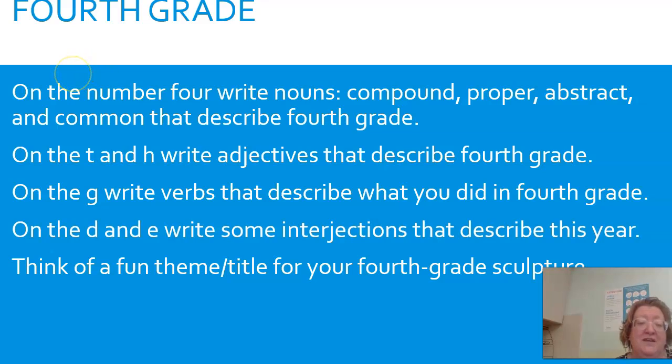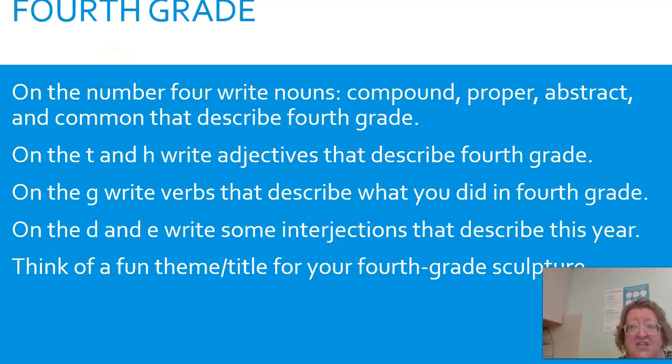But we're going to fill this for the 4, just the 4. My instructions on the board are correct. What I spoke was wrong. You're going to write the nouns on the number 4.